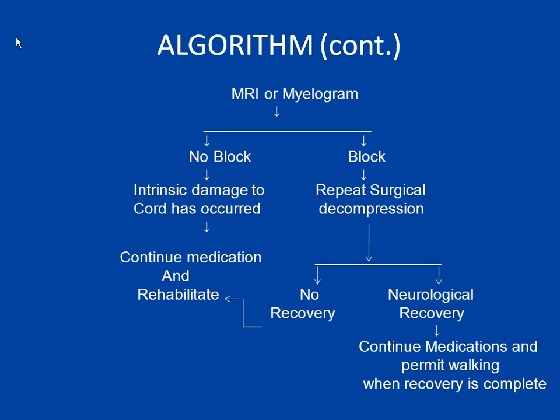If there is no recovery, then they go for rehabilitation. And if you don't find a block, that means there is no mechanical obstruction to the neural tissues, and there must have been some intrinsic damage to the cord, and we continue medication in these patients, and later they are rehabilitated.